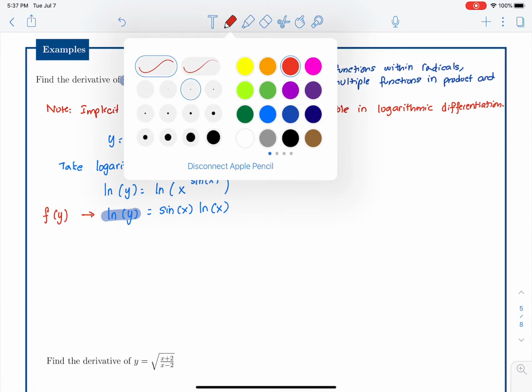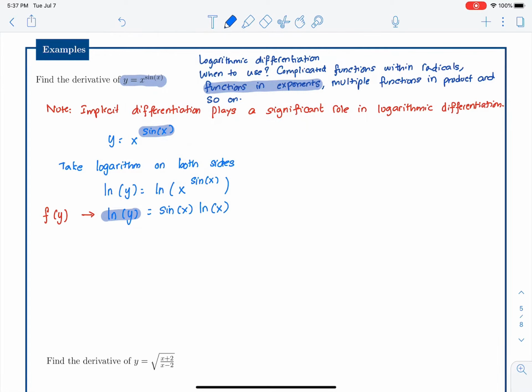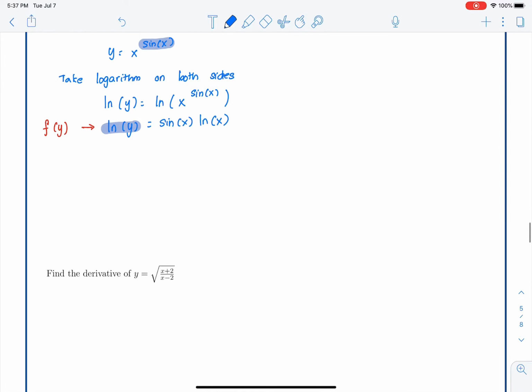So we have to treat it like a function of x and then multiply it by the derivative of y. So the derivative of ln of y is 1 over y, and we multiply by its derivative, y prime.